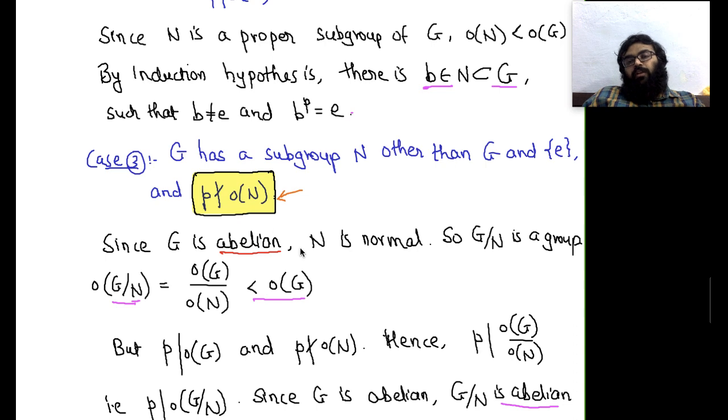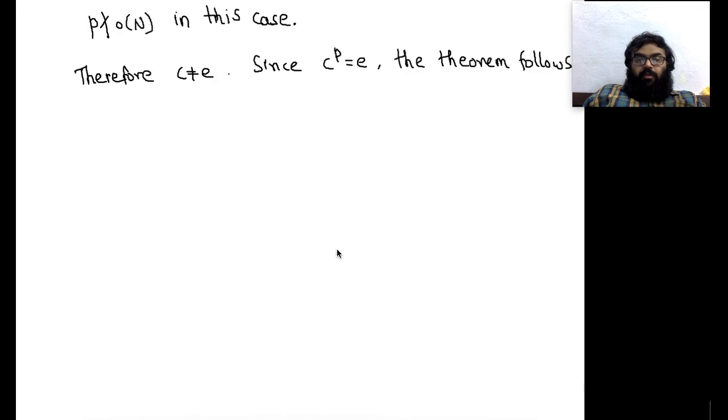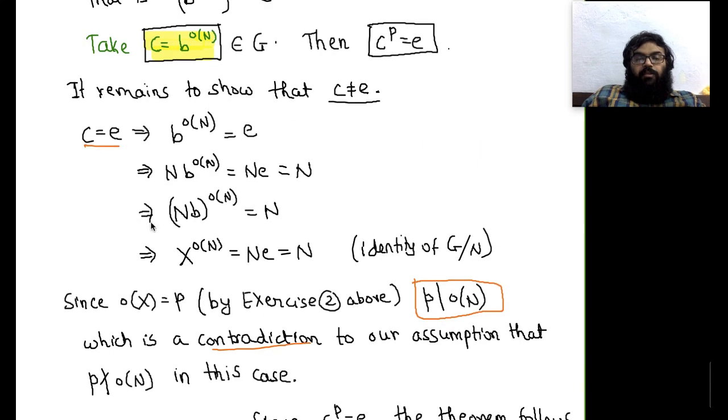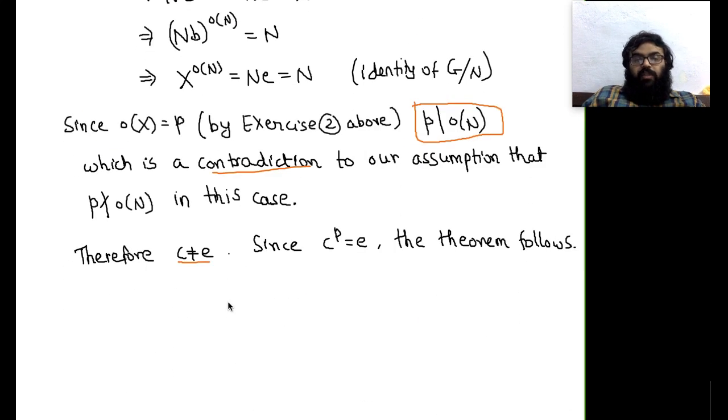So our assumption that c equals e must be false, and therefore c is not equal to e. c power p is already identity, and therefore this completes the proof of the theorem.